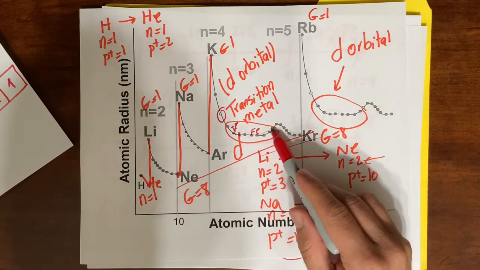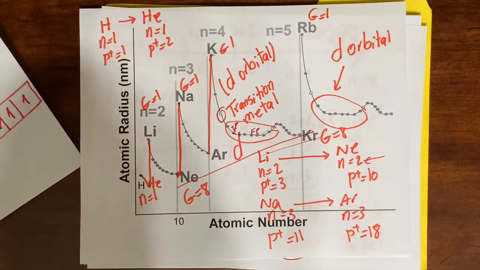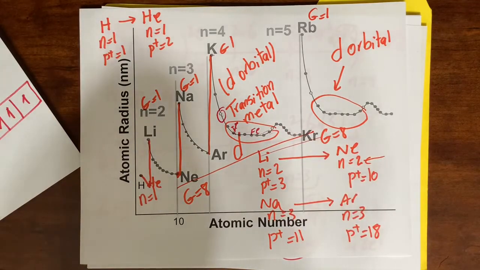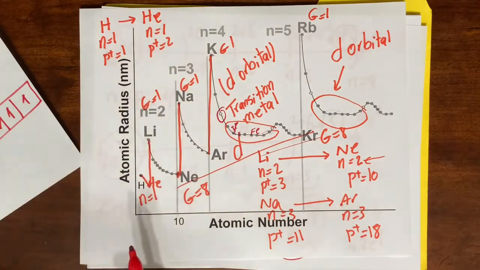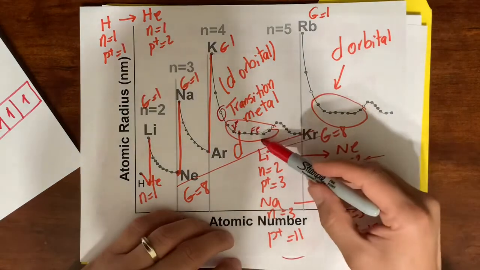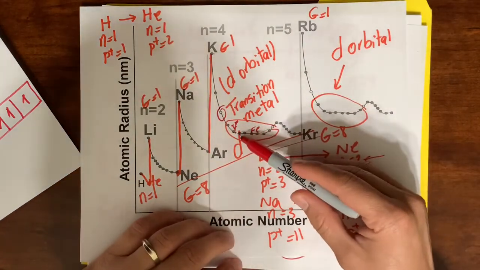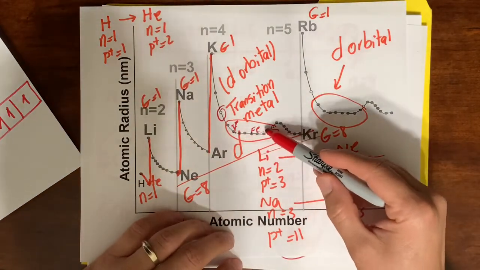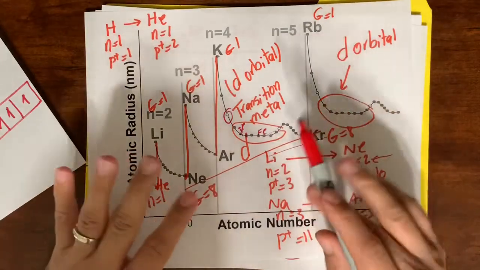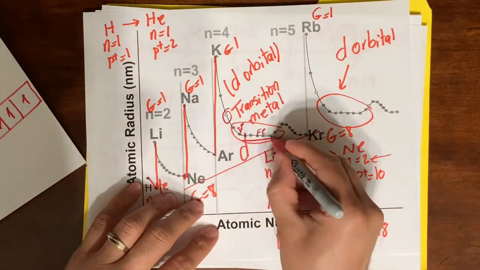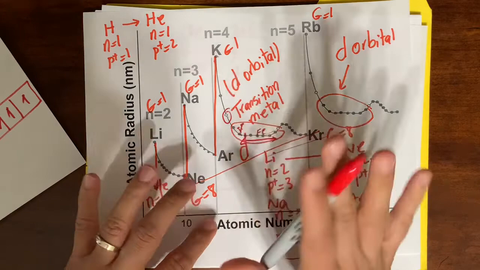Slowly we're going to build some repulsion, and size is slowly going to go up. It's really hard to say whether it is going down or up. You can say it's almost flat for this one.